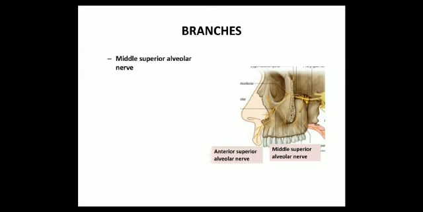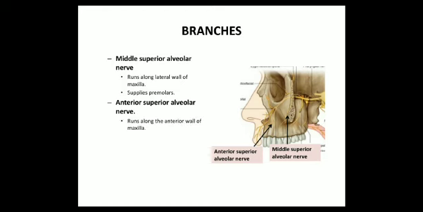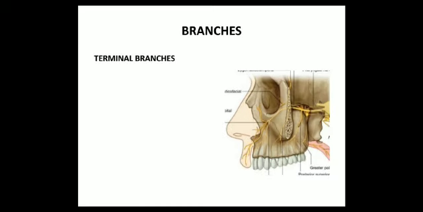It gives the middle superior alveolar nerve that runs along the lateral wall of the maxilla and supplies the premolars. Another branch is the anterior superior alveolar nerve that runs along the anterior wall of the maxilla and supplies the upper incisor and canine teeth, the maxillary sinus and the anterior inferior part of the nasal cavity.